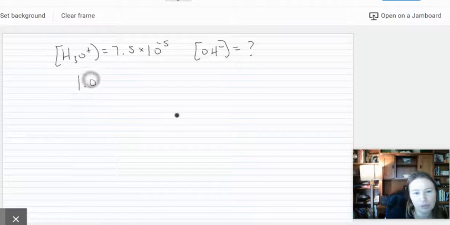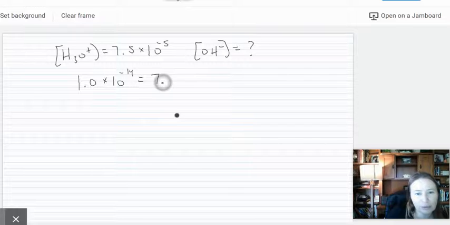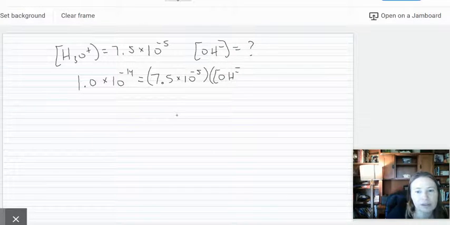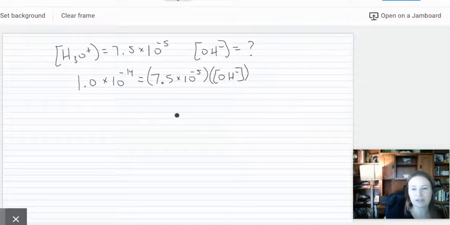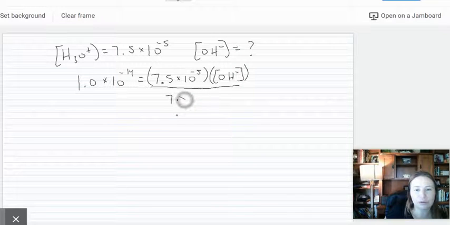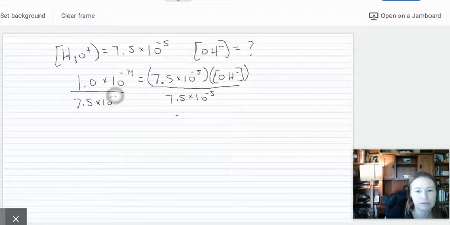Kw, that's 1.0 times 10 to the negative 14th, equals H3O plus, so I'm going to plug this number in, 7.5 times 10 to the negative 5th, times my OH minus. I don't really need that parentheses there. I'm going with it though. So to solve for OH, divide by 7.5 times 10 to the negative 5th on both sides. This side will cancel out.